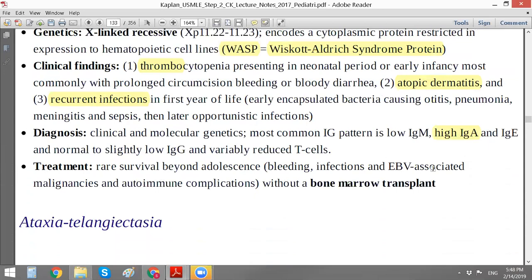Complications are respiratory infections, EBV associated malignancies, and autoimmune complications. So this was X-linked recessive.